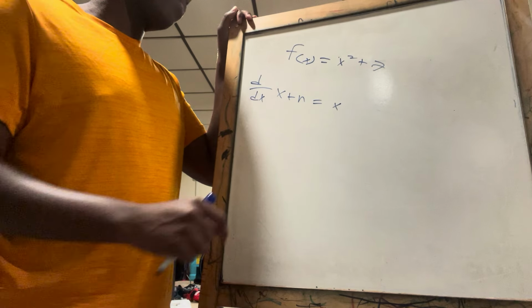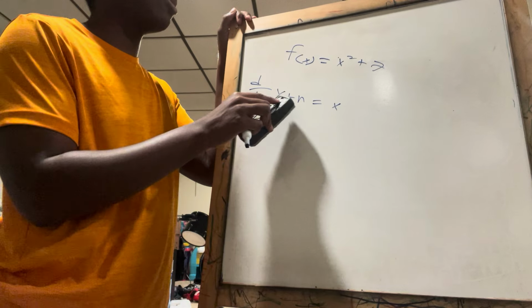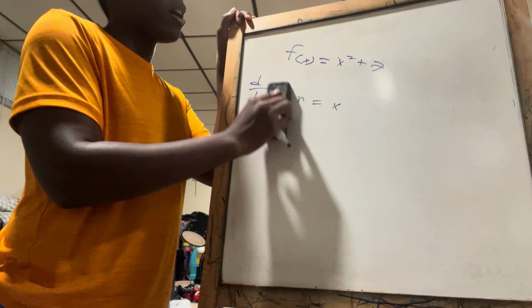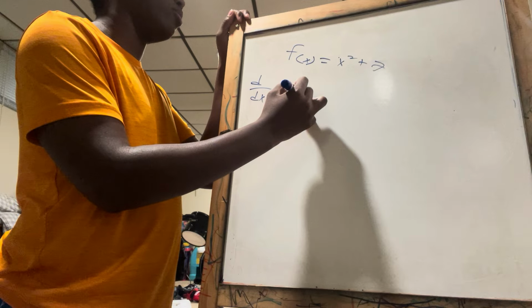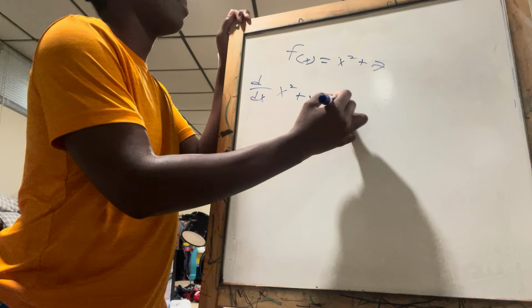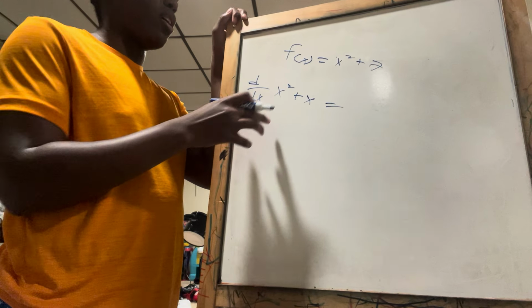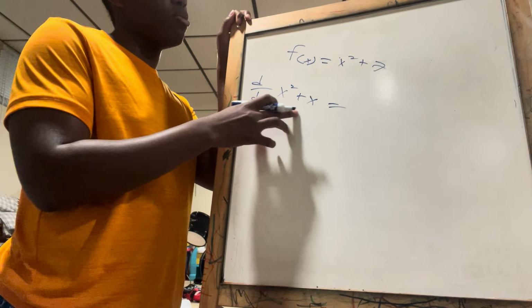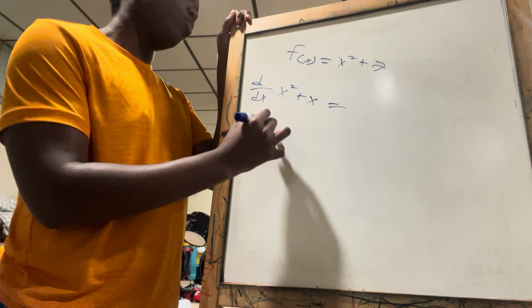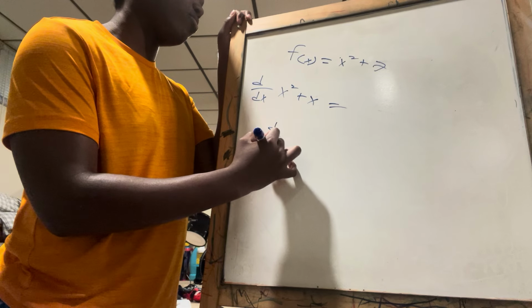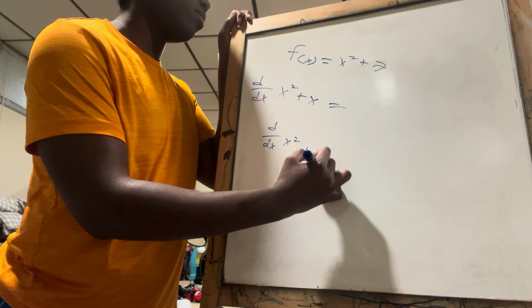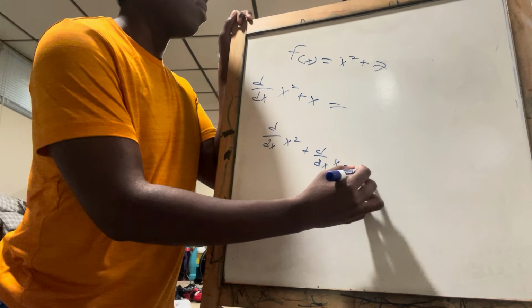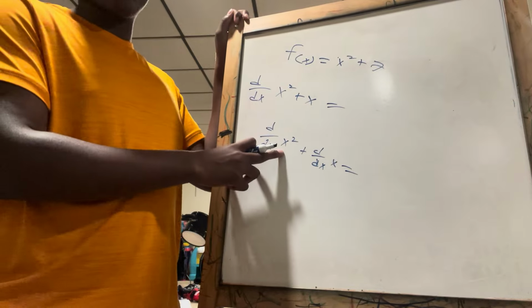Now, the derivative of subtraction is the same thing, by the way. Now, if you have the derivative of, let's say, x squared plus x, it's commutative, so it will be the derivative in respect to x of x squared plus the derivative in respect to x of x. And we already know what this is.